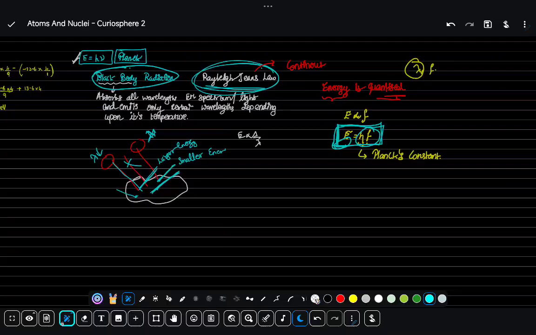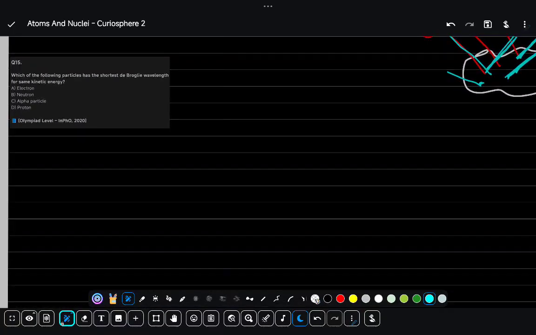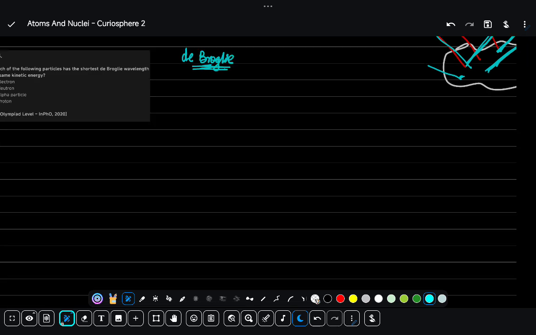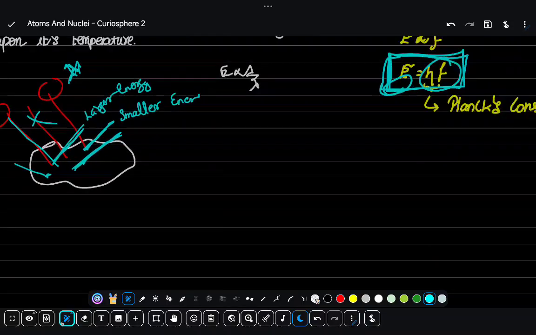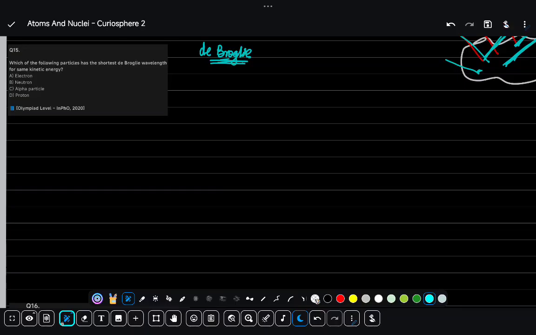Now, before delving into this concept, let us go to what our new scientist, de Broglie, thought. After Planck came up with this quantization, there were many observations being made about radiation having a dual nature, both wave nature and particle nature.